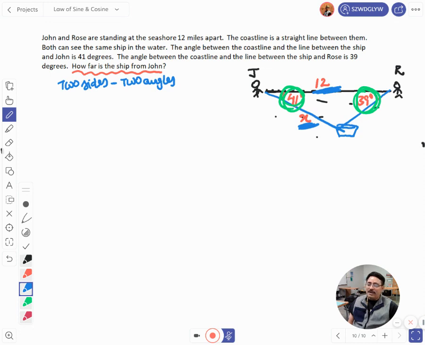Think for a moment, is it sine or cosine? Here, we have to use the sine rule, two sides, two angles. Please remember we have to use the sine rule. Now, the rest is left to you. You know how to write the rule and how to solve it. So, the rest of the question is left to you to solve on your own.